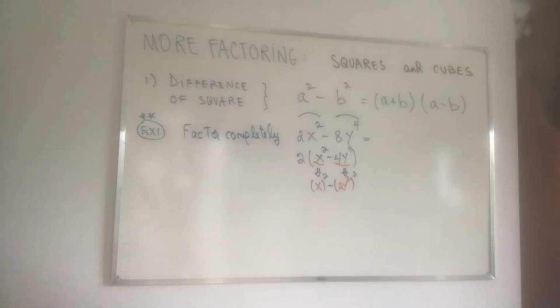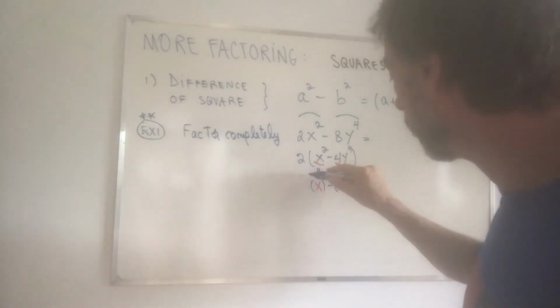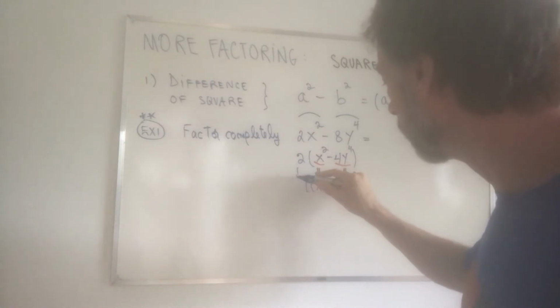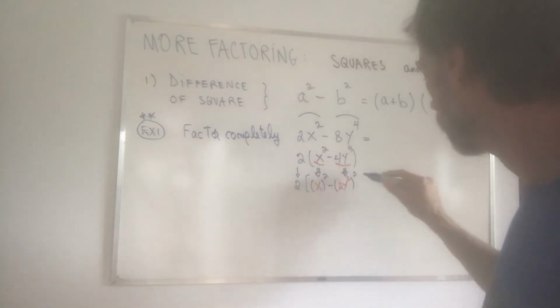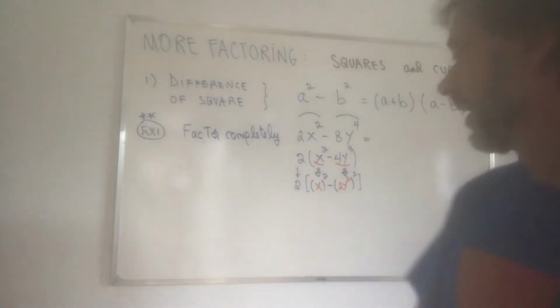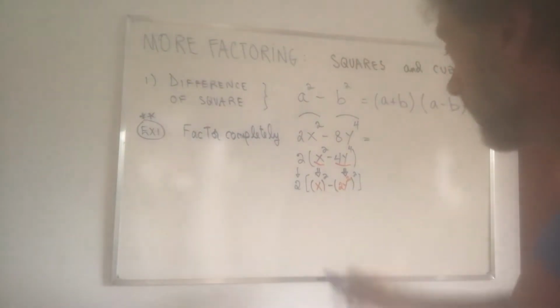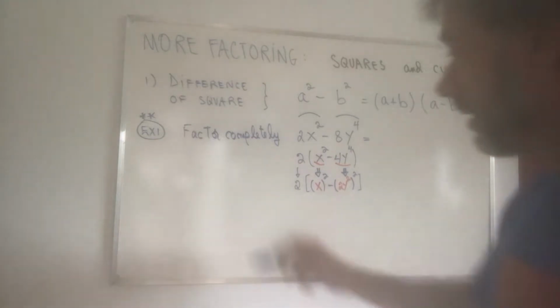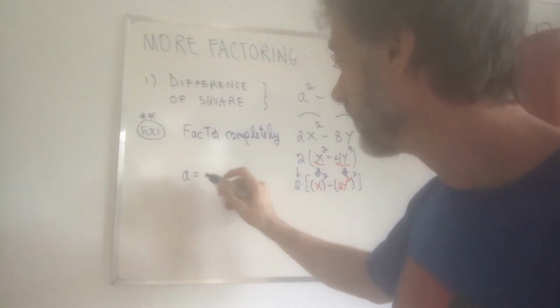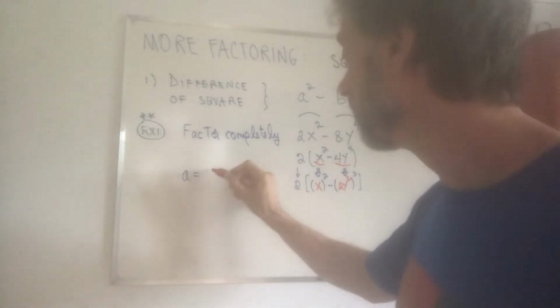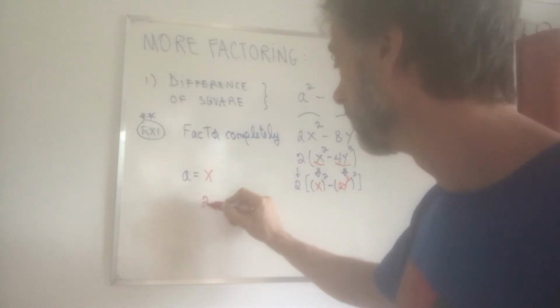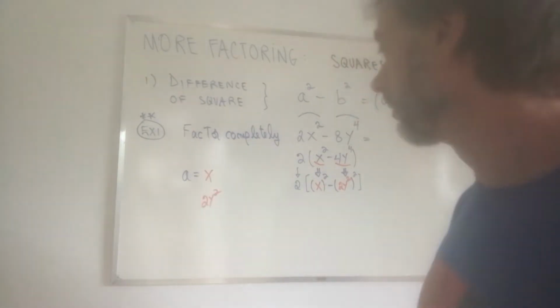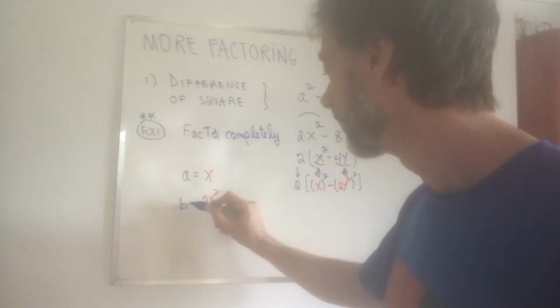So basically, let me carry my 2 over here. Voila. And then I got my perfect square. So this is my A, and this is my B. So in this case, A is x, and B is 2y squared. Simple as that.